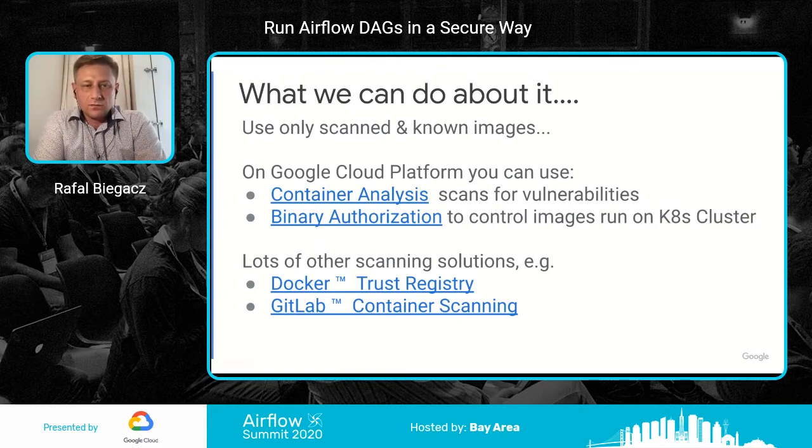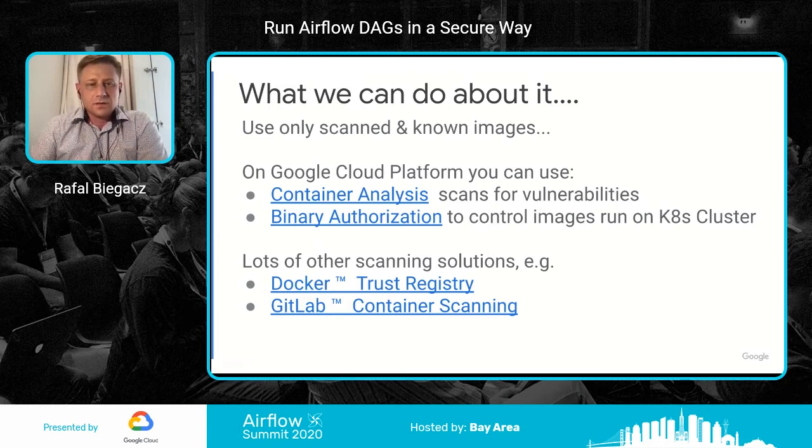In case of Google Cloud Platform, there is a service called Container Analysis. Once you store or upload the container image to container registry, if you turn on container analysis, it is automatically going to scan your containers on a regular basis.